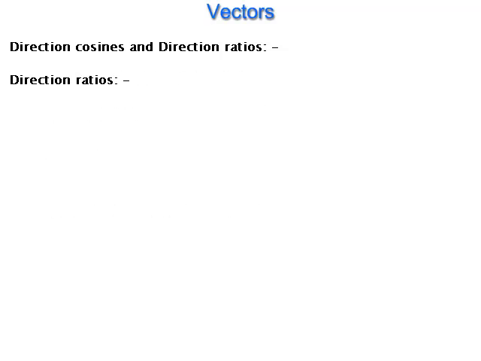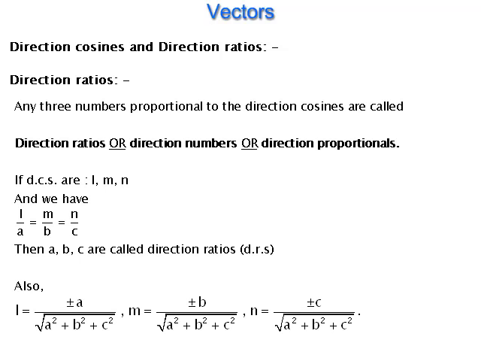Direction ratios. If l, m, n are the direction cosines of a line and the numbers a, b, c are proportional to l, m, n, then a, b, c are called direction ratios, direction numbers or direction proportionals of the line. Let a, b, c be the direction ratios of a line whose direction cosines are l, m, n.